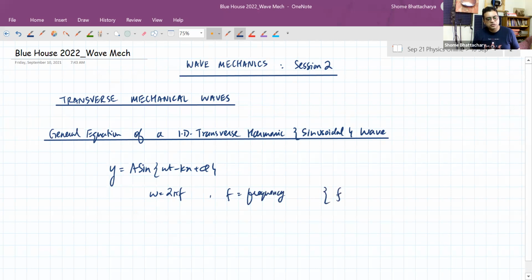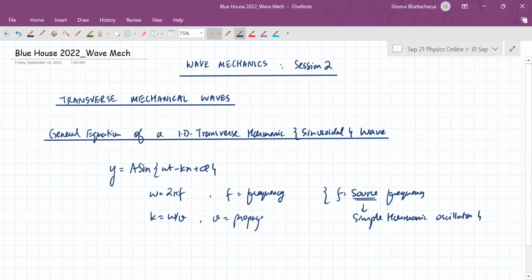Now remember, frequency is a property of the source. The source is, in this case, a simple harmonic oscillator. We saw that k is given by omega by v, where v is the propagation speed.